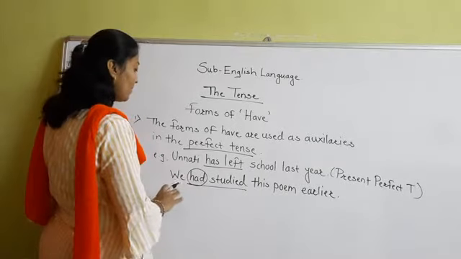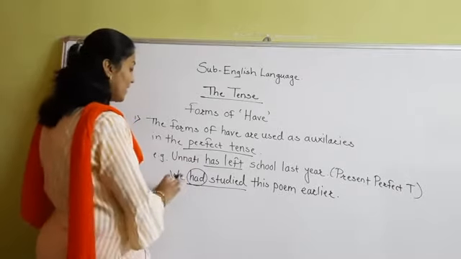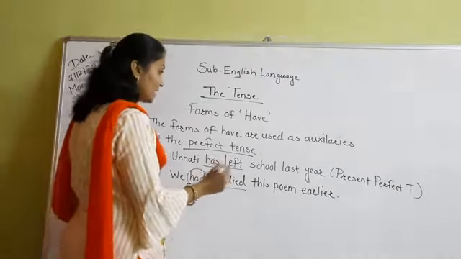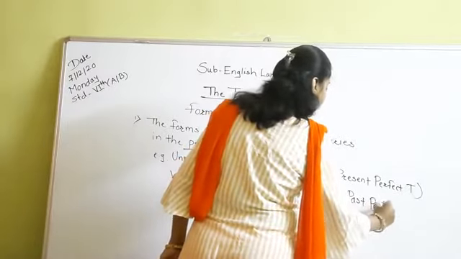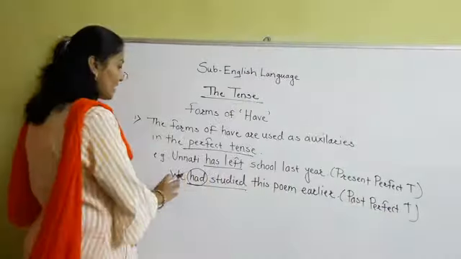Because of this helping verb, or this auxiliary verb, we can identify that this sentence is of past perfect tense. In the past perfect tense, we are using had plus the past participle of the verb.